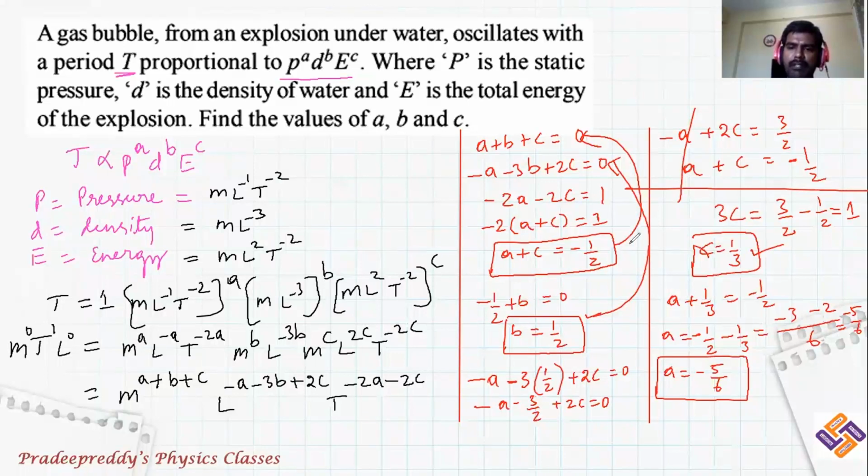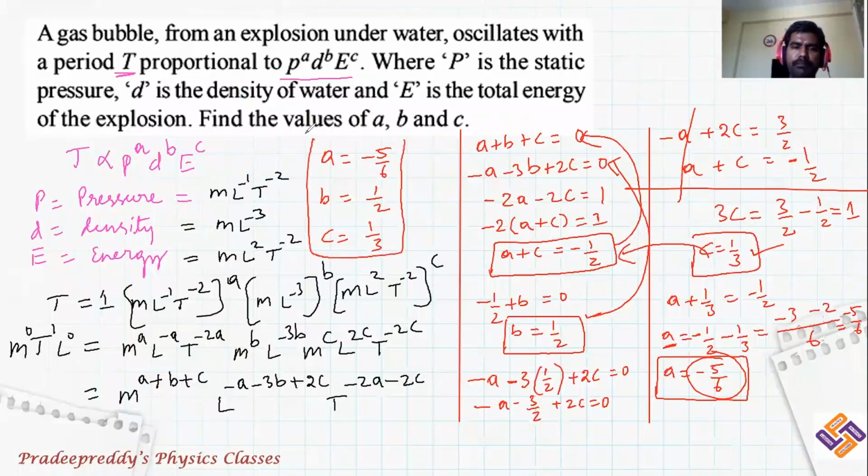A plus 1 by 3 is equal to minus 1 by 2. And solving for A, you will be getting it as minus 5 by 6. So A, B, C values we have got. What are they? A is equal to minus 5 by 6, B is equal to 1 by 2, C is equal to 1 by 3. These are the values for A, B and C.